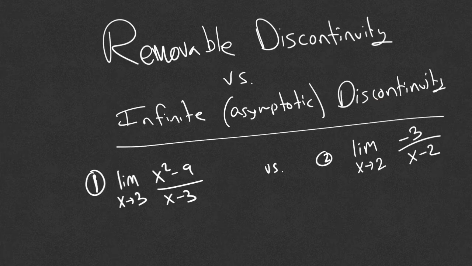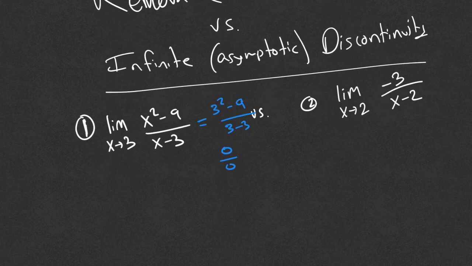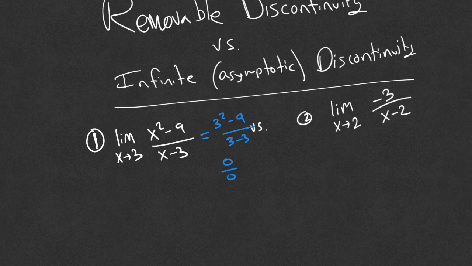First, the limit as x approaches 3 of x squared minus 9 over x minus 3. If you remember, the first thing we would do is direct substitution. We would try it out and see what we get: 3 squared minus 9 over 3 minus 3. This evaluates to 0 over 0, and that has a special name in calculus. We call that indeterminate.